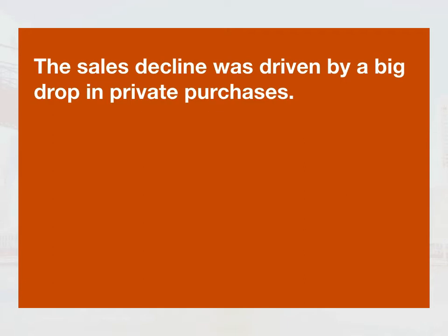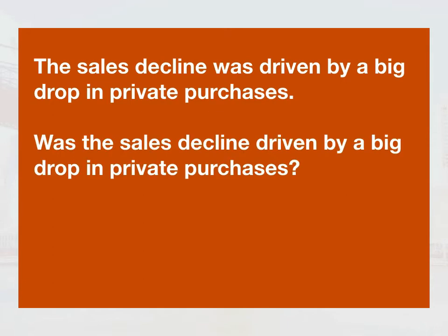The verb is was. As we make this a question, we're going to invert the order and we're going to ask, was the sales decline driven by a big drop in private purchases? Now we'll answer this by saying yes it was or no it wasn't.